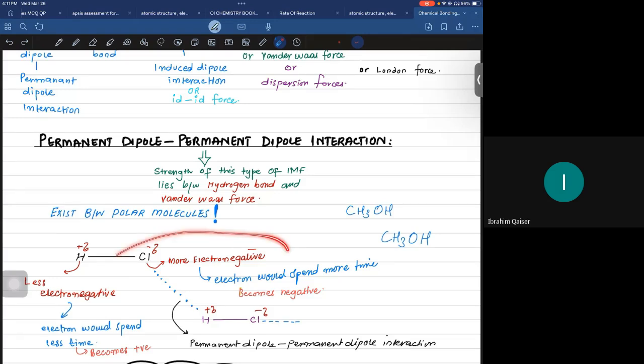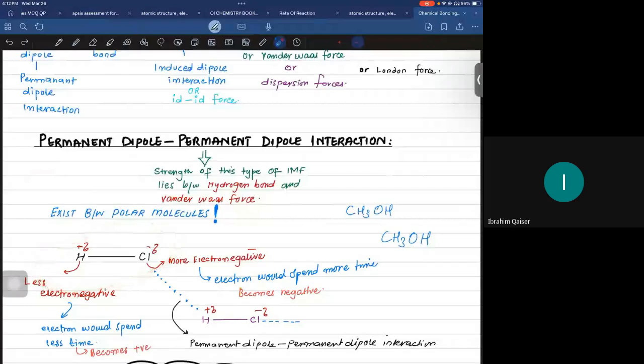So electronegativity for chlorine is higher, so it would attract all the electrons towards itself. As a result, chlorine would have a partial negative charge. Due to the difference in electronegativity, HCl becomes polar.